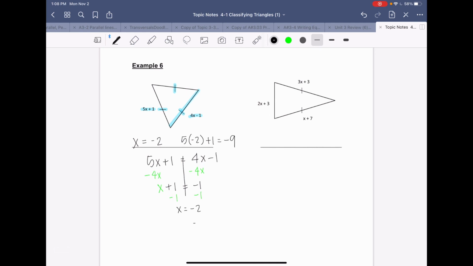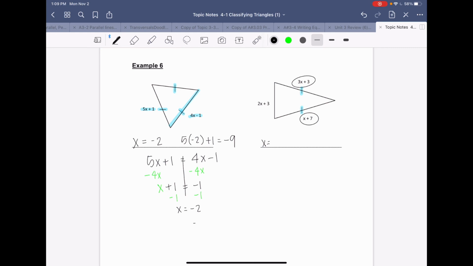All right, so this last problem, notice how we have 2 tick marks again. So we only have 2 tick marks. And that means that this side length right here with 2x plus 3 is actually a different value. So in order to find x, I need to set 3x plus 3 equal to x plus 7.